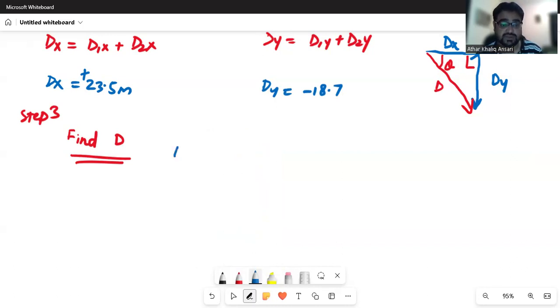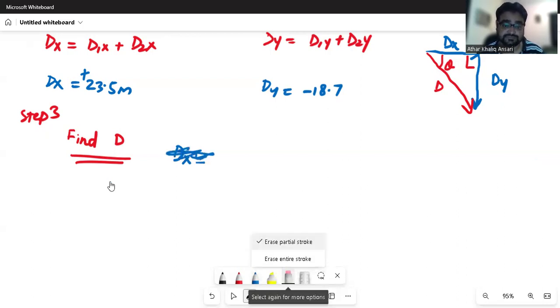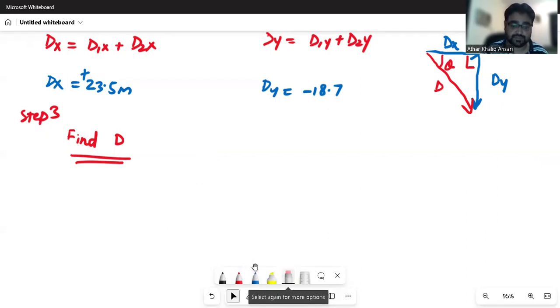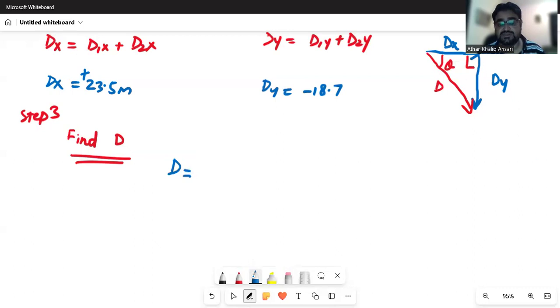Sorry, it's lagging, let me erase it. What I was saying is that the magnitude of vector d is equal to the radical of 23.5 squared plus negative 18.7 squared, and this is giving me 30.03, and this is kilometer.